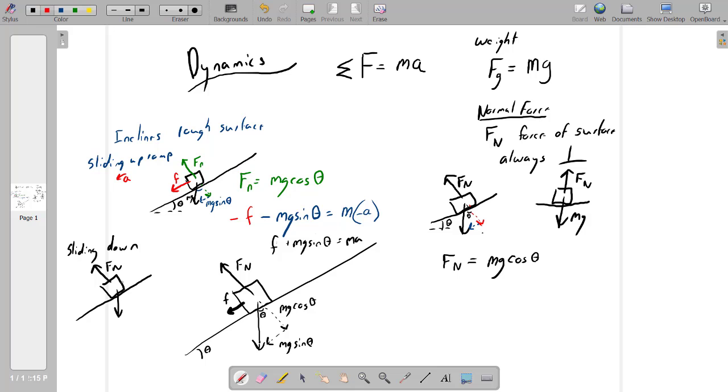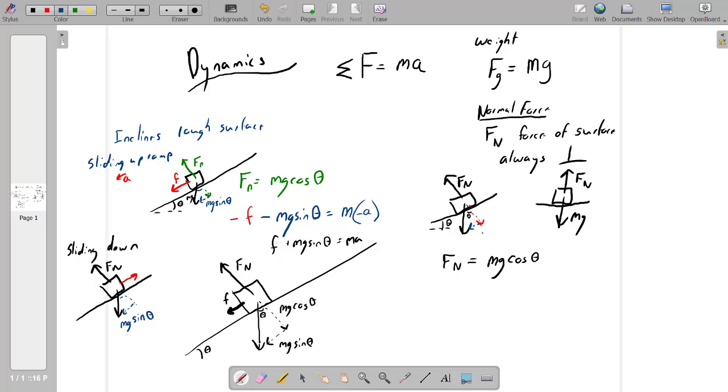Your friction is up, no? Yeah, it's up. You're going down. And what is it that actually pulls the object down the ramp? Gravity. Yeah, nice. And technically it's this component of gravity. So really what pulls it down is mg sine of theta.